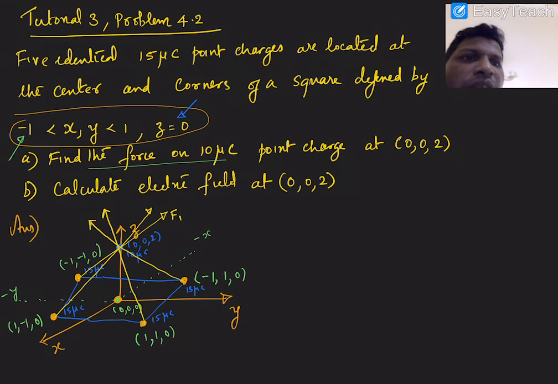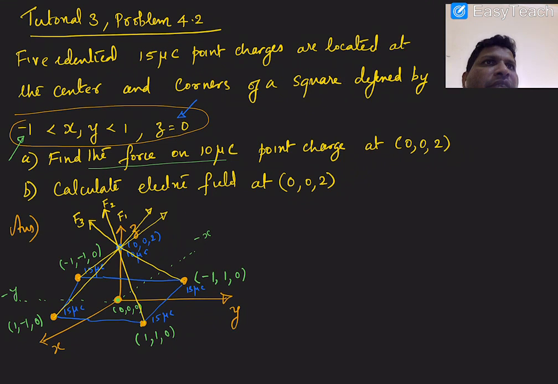I will give some names. The force from the charge at the center, I will put it as F1. The force from the charge at 1, 1, 0, I will put it as F2. The force from -1, 1, 0, I will put it as F3.